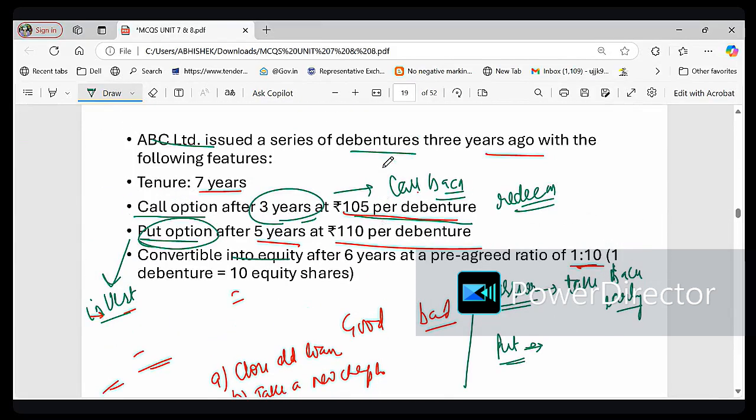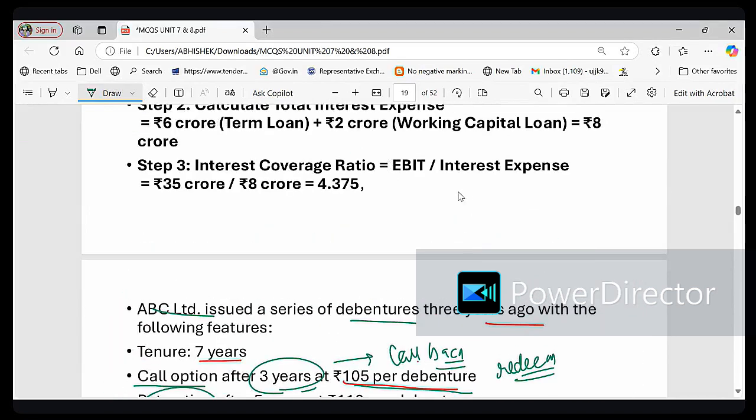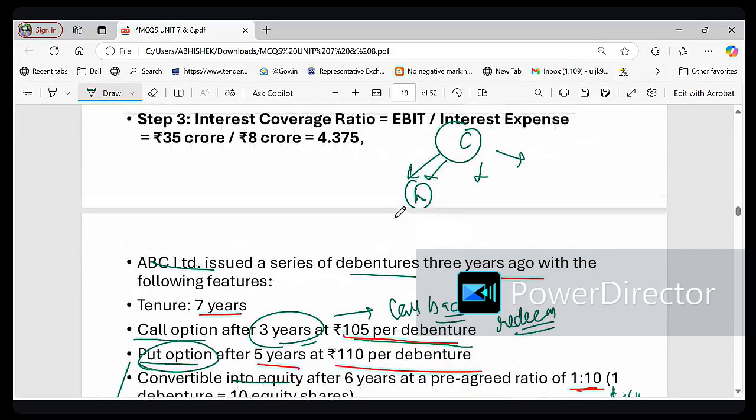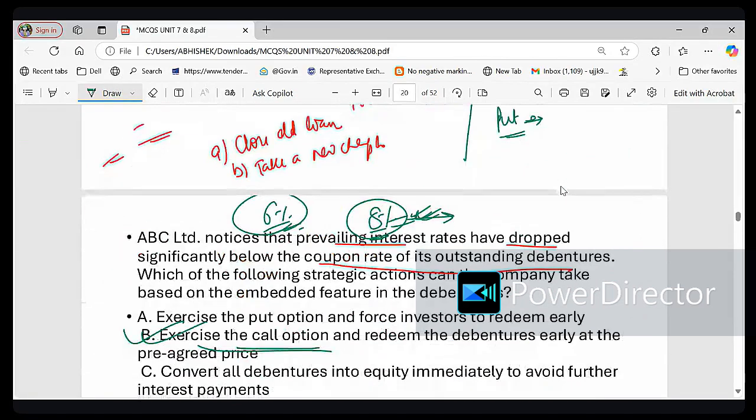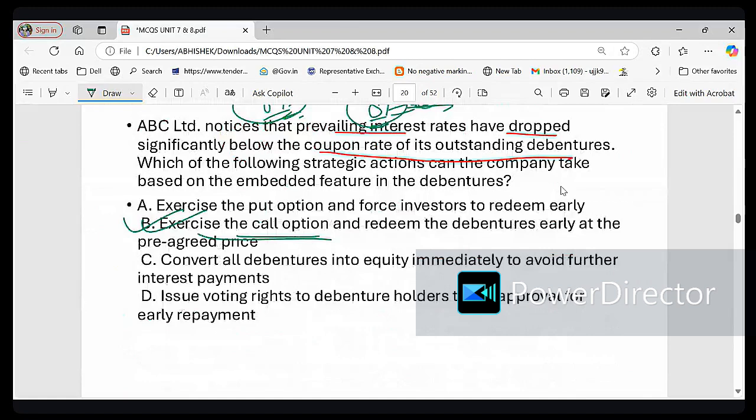The company will give the holders their money at rupees 105 per debenture, and reissue those debentures at a 6% interest rate. So the company can save a lot of money. Please tell me, is it clear or not?